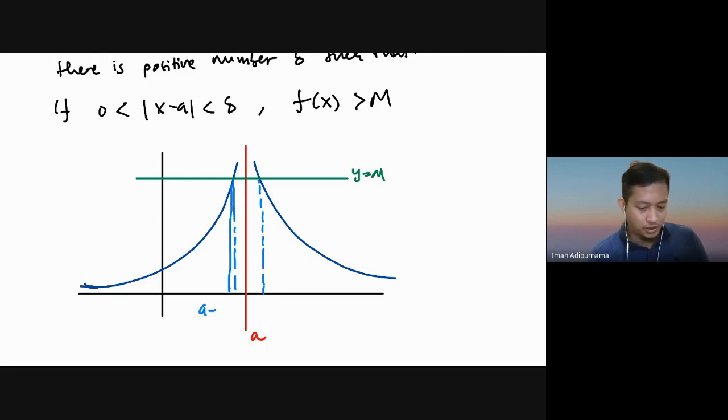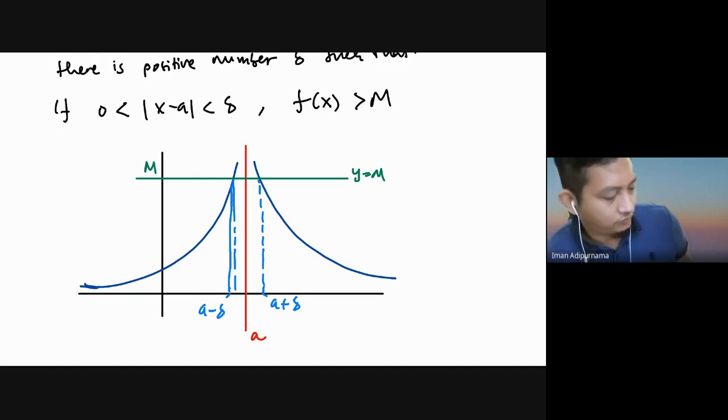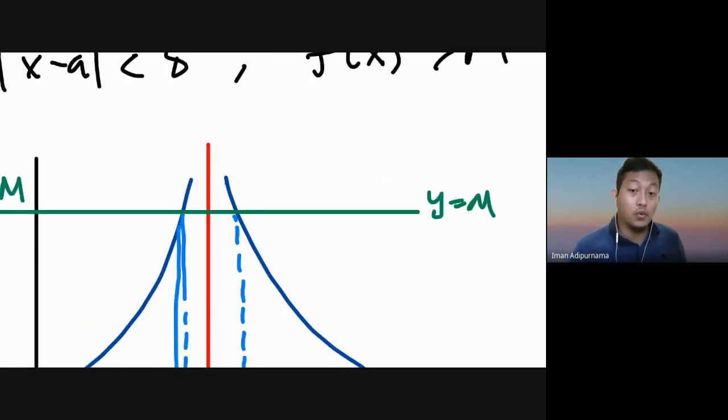This is a minus delta. This is a plus delta. And this will be our m here. So we have the distance delta, and our function is getting larger and larger and larger, and it overcomes, or moves beyond, y equal m.